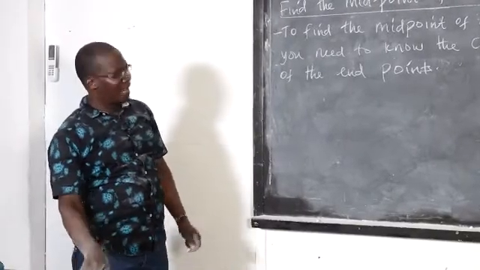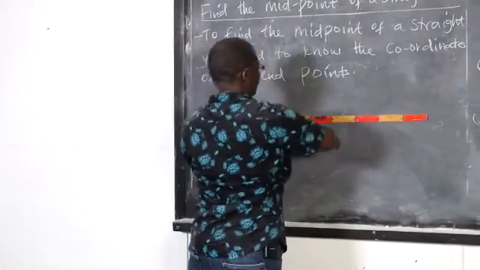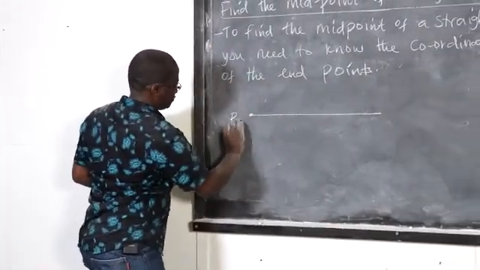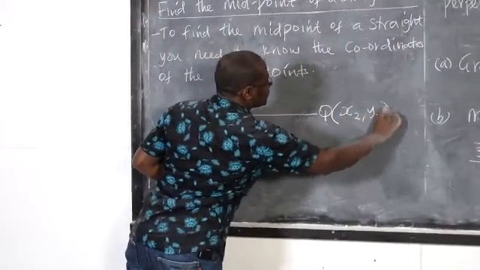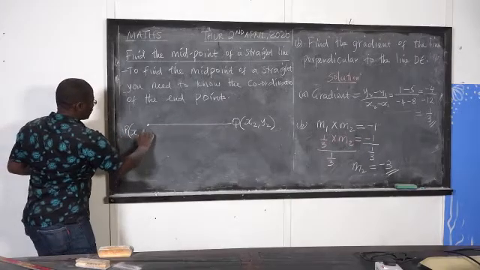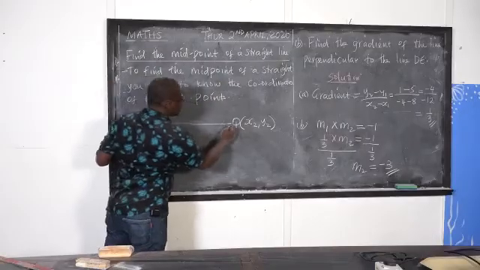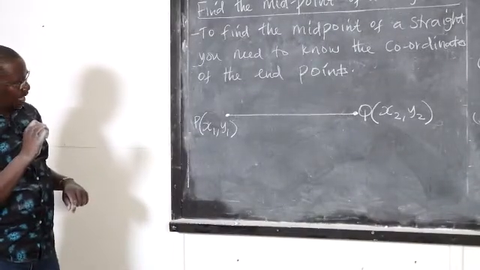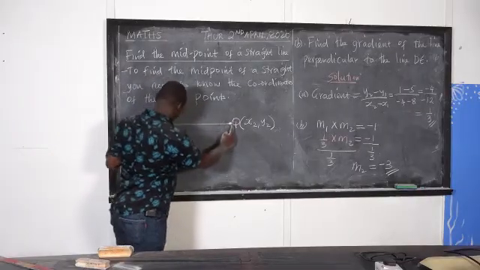Now suppose you have a line PQ. The coordinates of Q is given as x subscript 2, y subscript 2, and P, x subscript 1, y subscript 1. So when I talk of the coordinates of the endpoints, this is what I'm talking about of any given line segment. So the midpoint is simply the point that is in between the two given points.